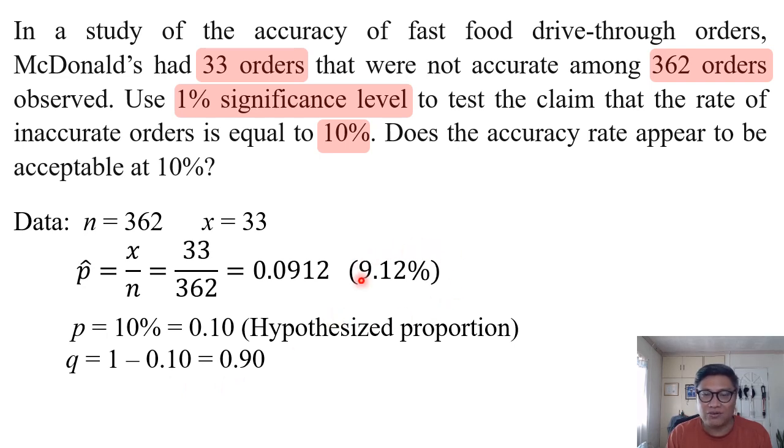So we want to find out, class, whether or not 9.12% is the same as 10%. If it is not, then we could say that it is less than 10%, and then the accuracy rate is still accepted. However, if the observed proportion from the sample is more than 10%, then that might already be questionable when it comes to accuracy.